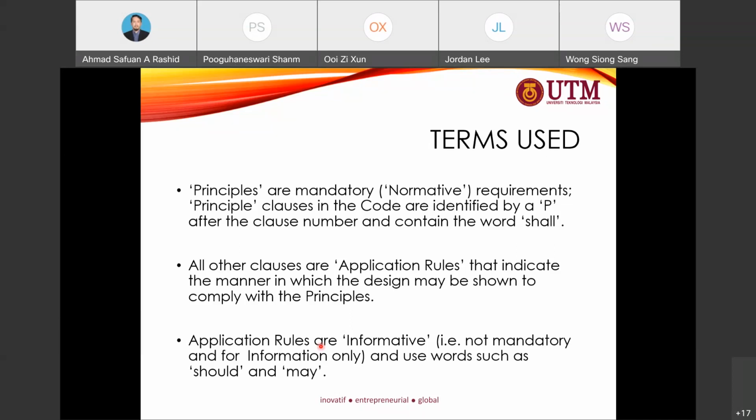All other clauses are application rules that indicate the manner in which the design may be shown to comply with the principles. Application rules are informative, not mandatory, and for information only, and use words such as should and may.